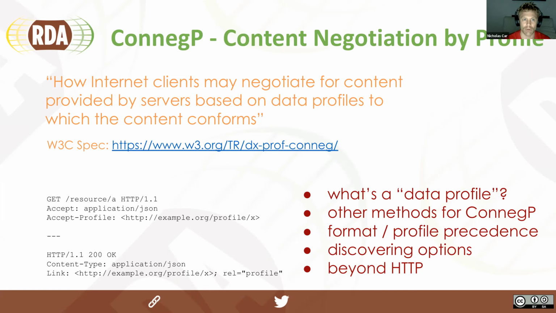And it has analogs within other parts of internet negotiation, because you can always ask for things like, I want JSON, and then in the content negotiation for the format JSON, you can specify a profile within JSON, but this is not within a particular format, it's across all formats. So we could have information according to a profile that has many formats.